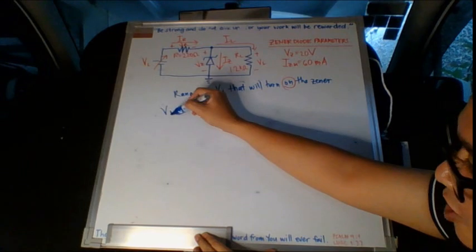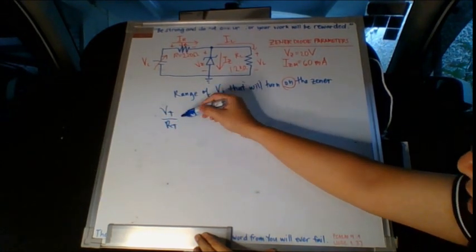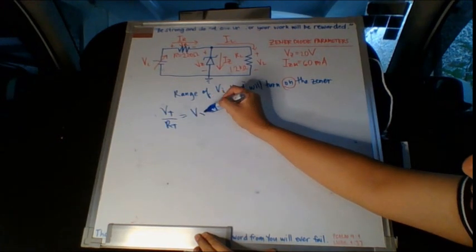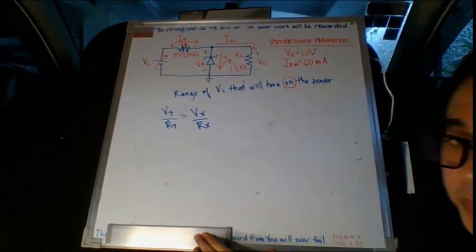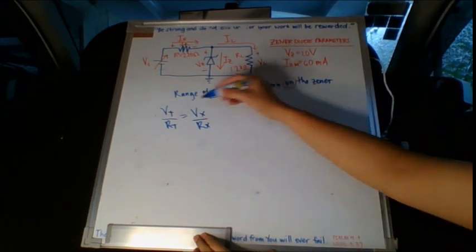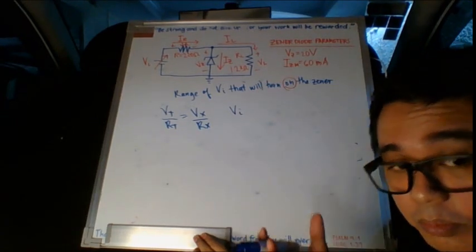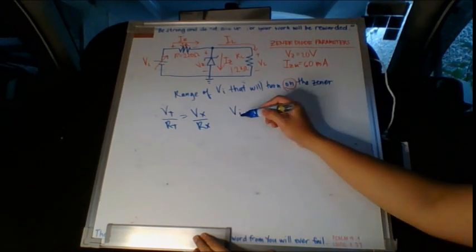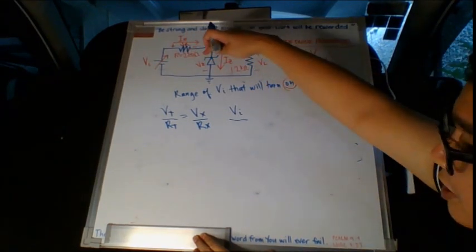Total voltage divided by total resistance equals the voltage at a certain point divided by the resistance at a certain point. Substituting the values, we have V sub T, that is your V sub I, unknown pa siya sa ngayon, divided by total resistance, i-add lang natin yung dalawang yon.